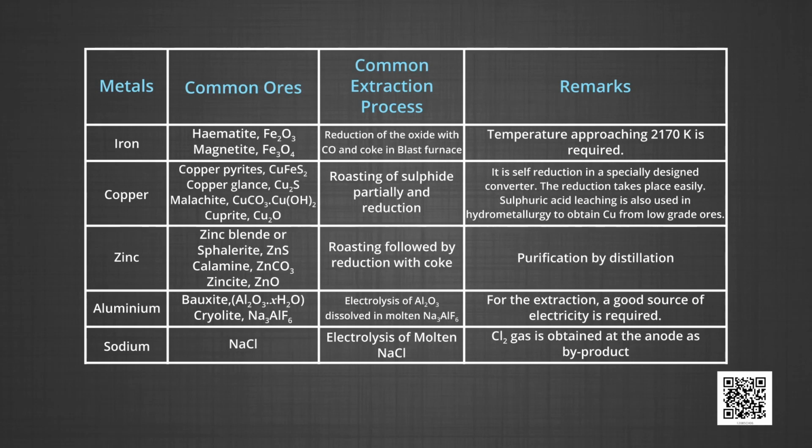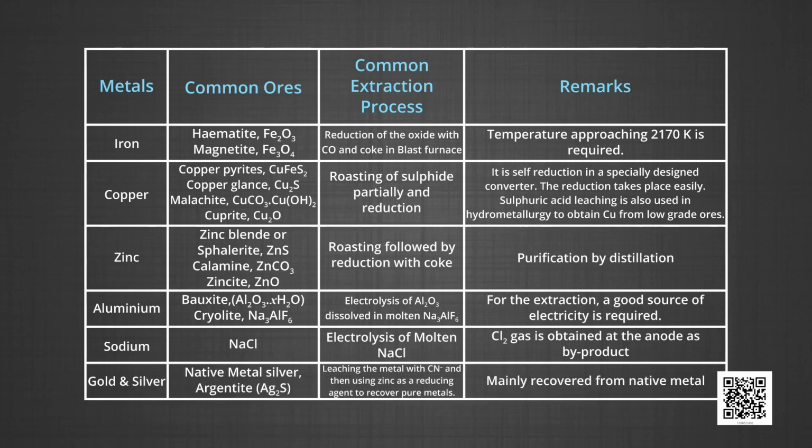Electrolysis of brine, that is, aqueous NaCl, produces chlorine at the anode, but the byproducts are hydrogen gas at the cathode and aqueous solution of sodium hydroxide in the cell. Extraction of gold and silver involves leaching the metal with cyanide and then using zinc as a reducing agent to recover the pure metals.